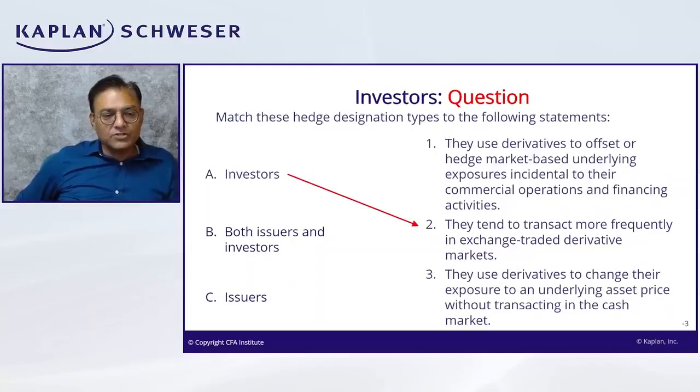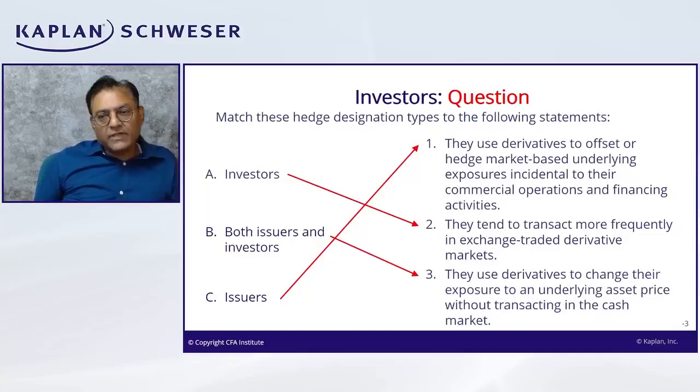Now, what about issuers and investors? Well, they both use derivatives to change their exposures to an underlying asset without transacting in the cash market. Corporate issuers use derivatives to hedge market-based underlying exposures incidental to their commercial operations and financing activities. So the idea is corporations are in business to take business risk. Business risk is the risk of variability of revenues of their products.